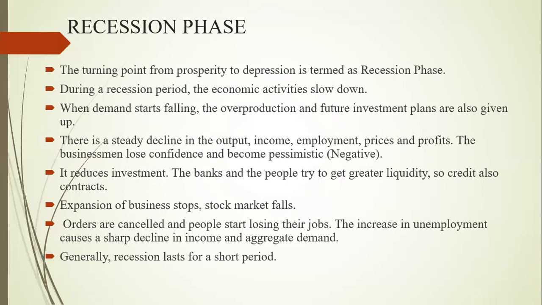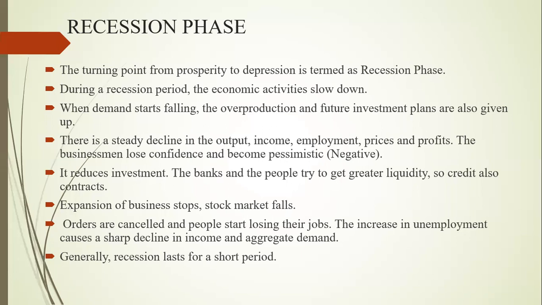So now I was telling you why the recession comes. At a peak situation, industries are producing much more, and aggregate demand is not as much as they are producing. As a result, inventory gets piled up.